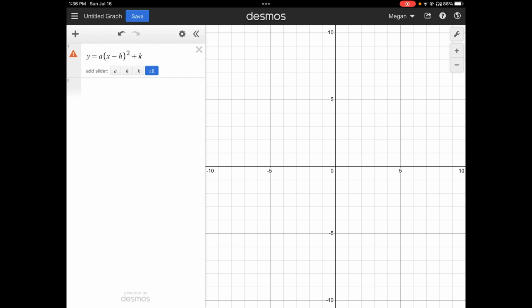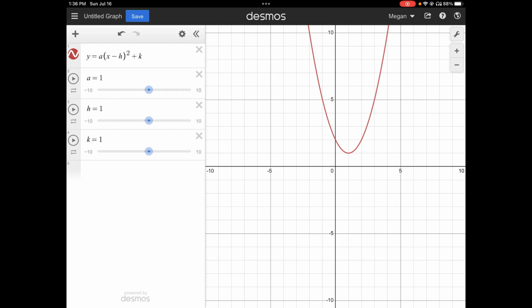And you see it's prompting me to add sliders a, h, k. I'm going to click on the button that says all, and it'll give me a slider to change the value of all of my variables. Okay, so you can see then it gives me that red curve. Yours might be a different color, that's fine. And I'm going to just bring h to 0 and k to 0 for the time being, because the first thing we're going to look at is the a value.